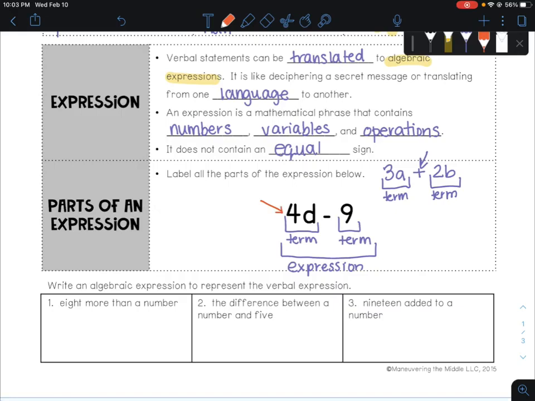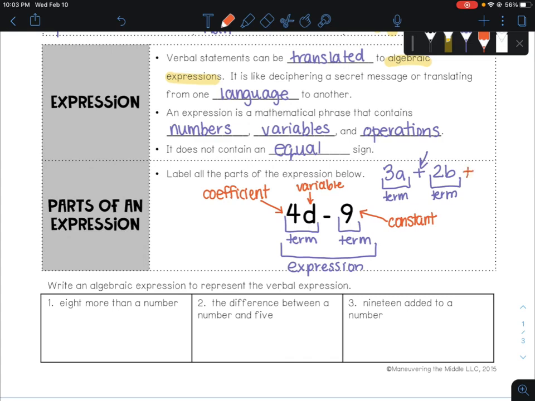So this 4, we talked about this before, is called a coefficient. The number out front of a variable, the number multiplying a variable. So that means D is a variable. And then there's a fancy name for this number 9 here. It's called a constant. Just like a coefficient is a number attached to a variable through multiplication, a constant is a number all by itself. So just a plain old number with nothing attached to it.